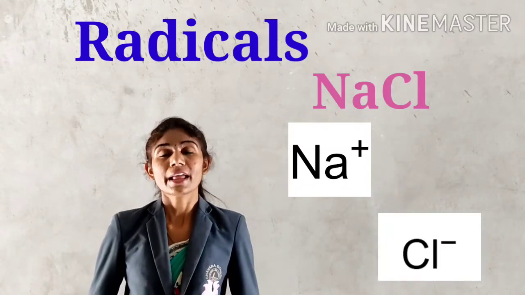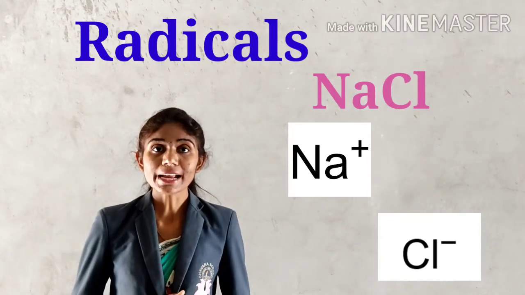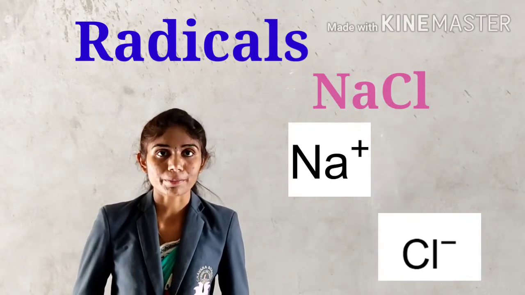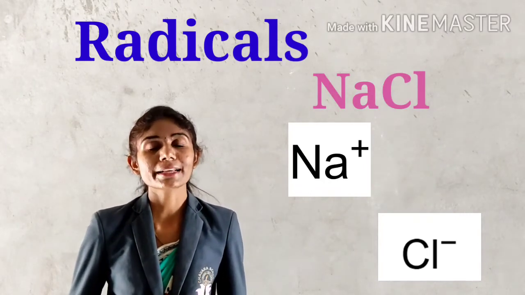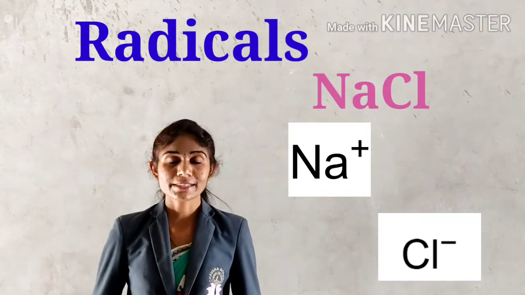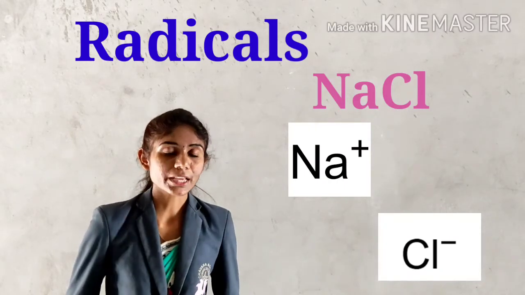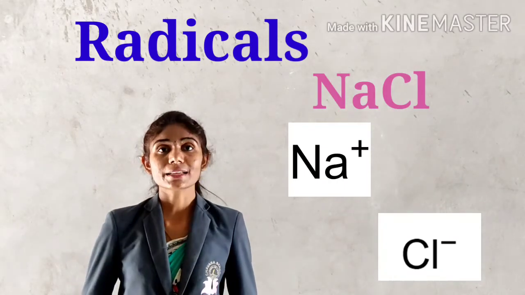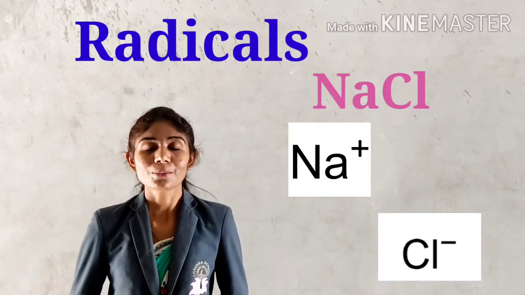As we observe, they have charges on the right side at the top. These charges show their combining capacity, and the combining capacity of the ions is called valency. So here chlorine valency is 1 and sodium valency is also 1.